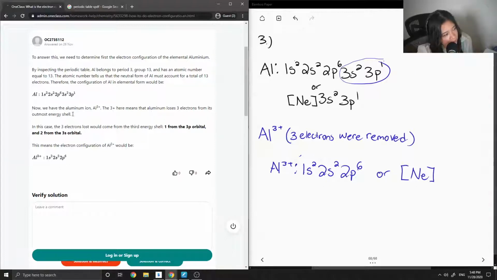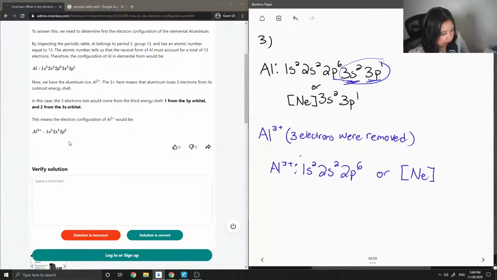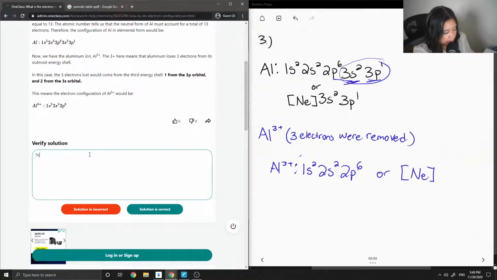Now we have the aluminum ion, aluminum 3+. 3+ here means that aluminum loses 3 electrons from its outermost energy shell. In this case, the 3 electrons lost would come from the third energy shell, 1 from the 3p orbital, shown here, and then 2 from the 3s orbital, which was this one. This means the electron configuration would be 1s2, 2s2, 2p6. Yep, so I can verify that this solution is correct.